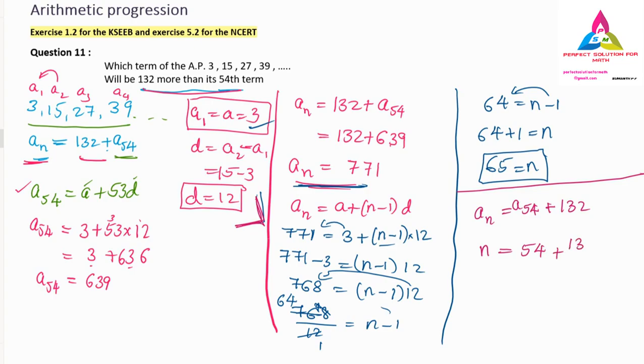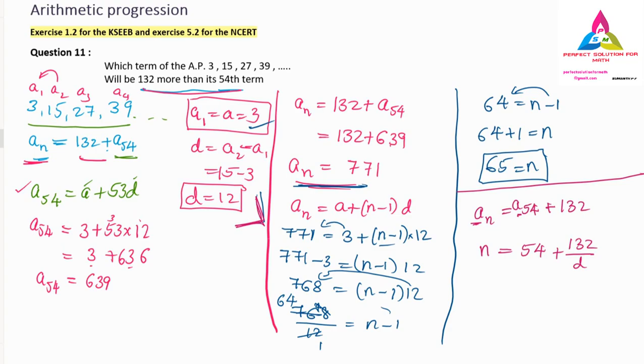So I can write 132 divided by d. What I have done, I have not written an here. Instead of an I have written only n. So instead of a54 I have written only 54. And how much more they have given? 132 more. So 132 divided by d. Why have I written d? Because I have not written a over here, so I have eliminated a, so I have written divided by d.